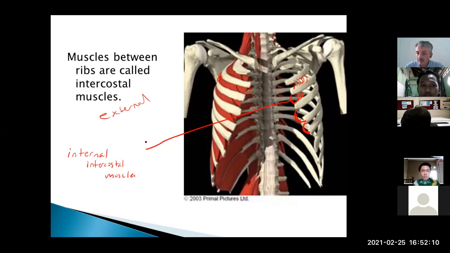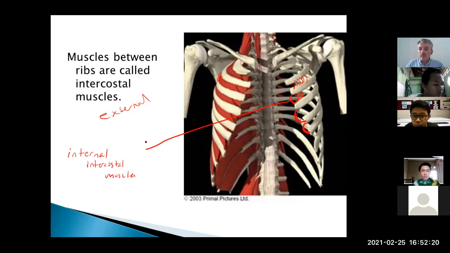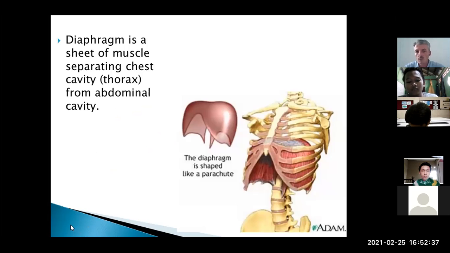When they contract, our ribs go outside. So when you're taking a deep breath, you pull the ribs out. We use them when we are taking a deep breath or when we are forcing air out. You need to know which one we use when we are breathing in, and which one when we are breathing out.